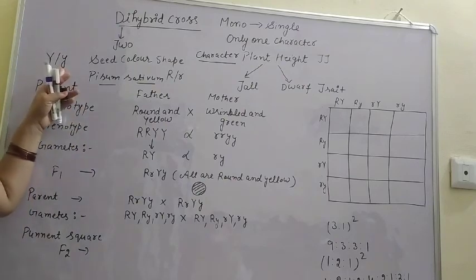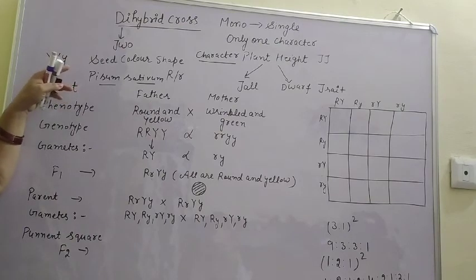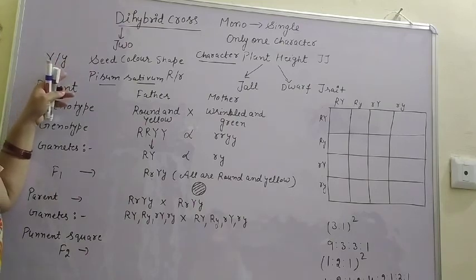Here one thing should be clear in your mind: for yellow I am taking capital Y, and for the recessive character, the green color, I am not taking G here. If we just take the small letter and the capital letter, then there will be no confusion.